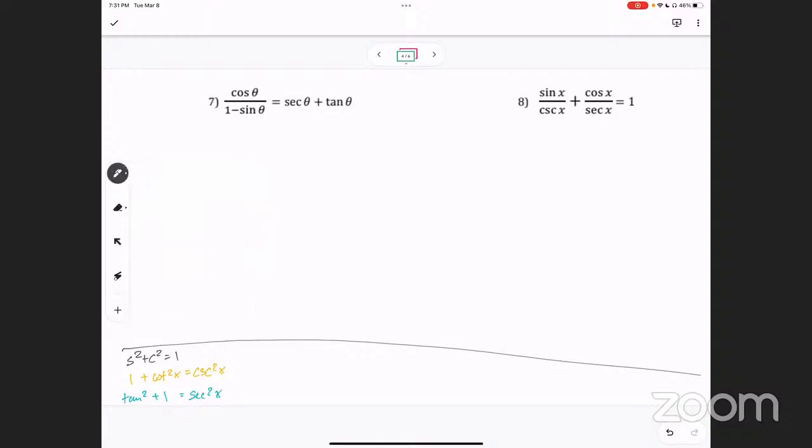And then these ones are, of course, the cosecant of x is 1 over sine x. Secant of x is 1 over cosine x. Tangent of x is sine over cosine. And cotangent of x equals cosine over sine.